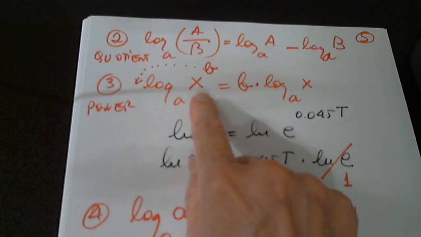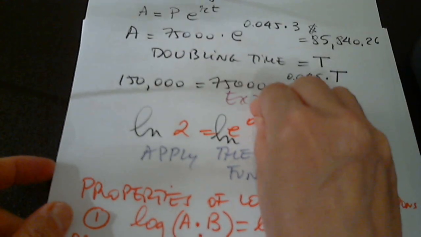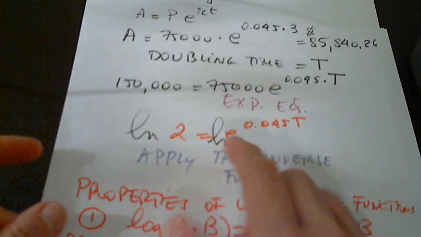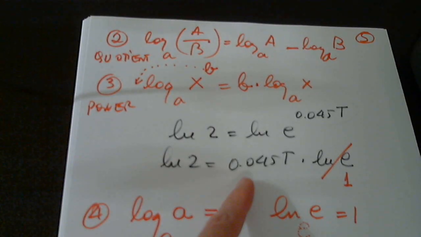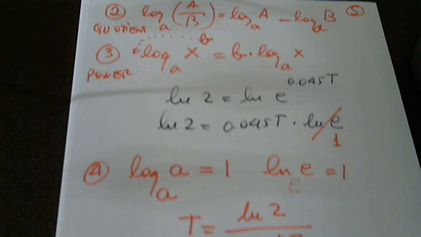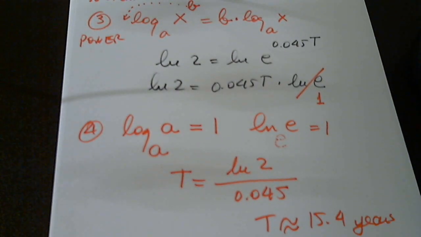Because of this property of the log. Only that property allows me to remove this power and put it in front of natural log e as a factor. It turns out that this is 1, and then I divide both sides by 0.045 to determine the number of years needed for the investment to double.